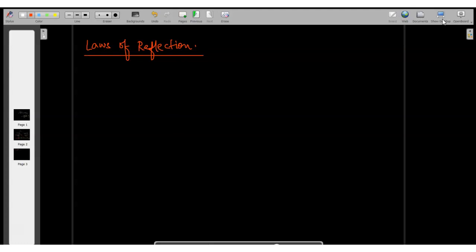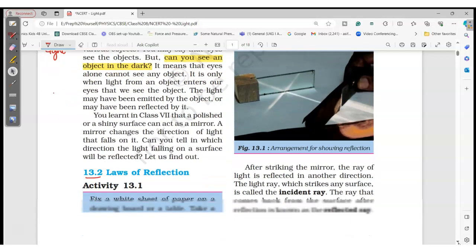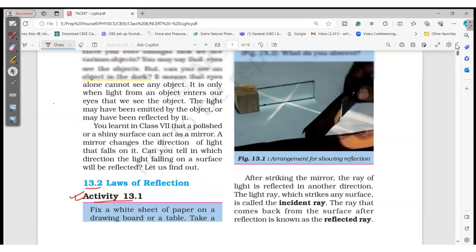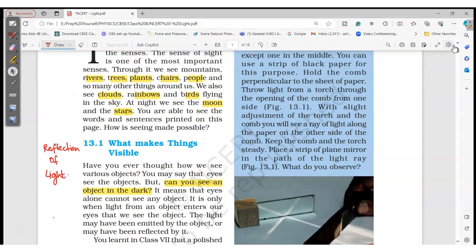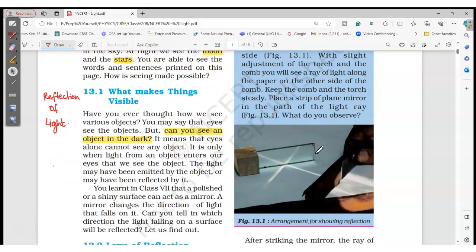Okay, let us go back to our book. You see, 13.2 laws of reflection. So they have shown the laws of reflection with the help of an activity 13.1. In this activity, you can see we have taken a plain mirror.